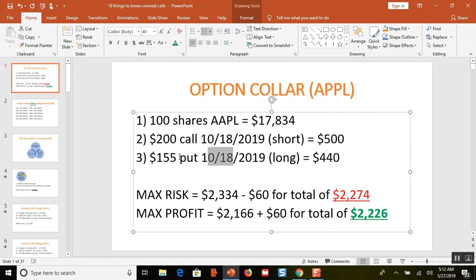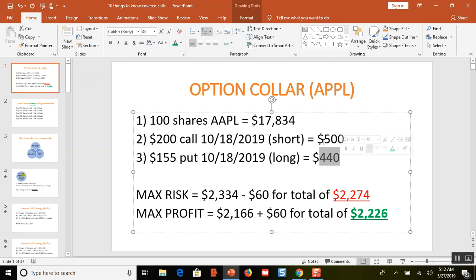A put option gives you the right to sell your stock at that set price, which is $155. So if Apple goes to $155, then you do take that loss. But if it goes any lower than that, you don't lose any more money. And you spent $440 for that privilege, but that's why you sold to open this call option, because the call option gives you money to buy this put option.